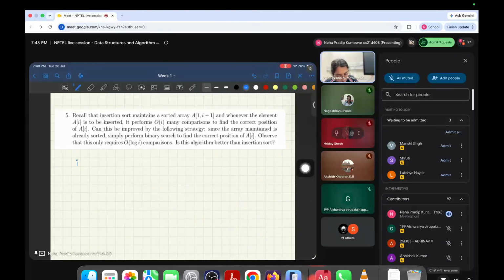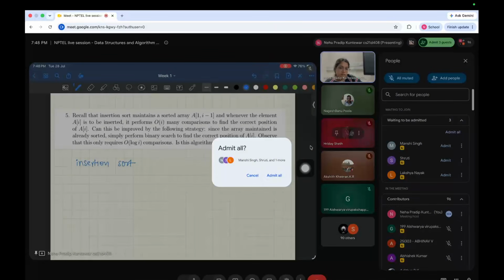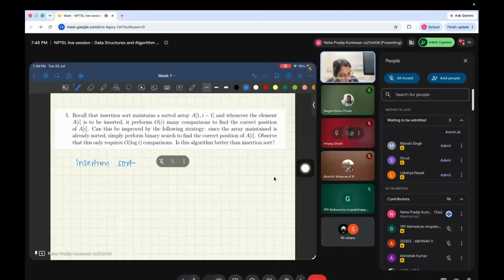Your insertion sort essentially maintains some sorted part, and then you put the ith element in its correct position.